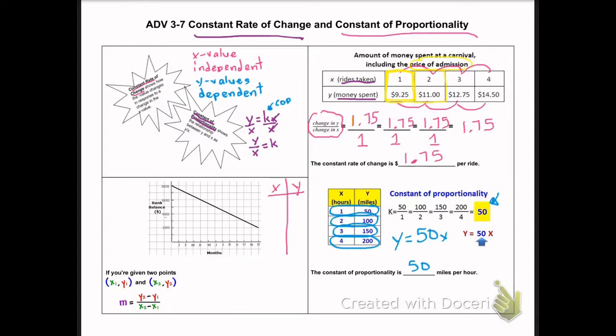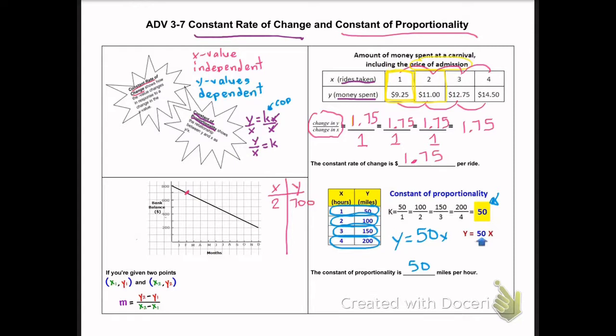So let's take that point right there. That's at February, and that's at 700, halfway between 600 and 800. So we could call February the second month, and at the second month it was at $700.